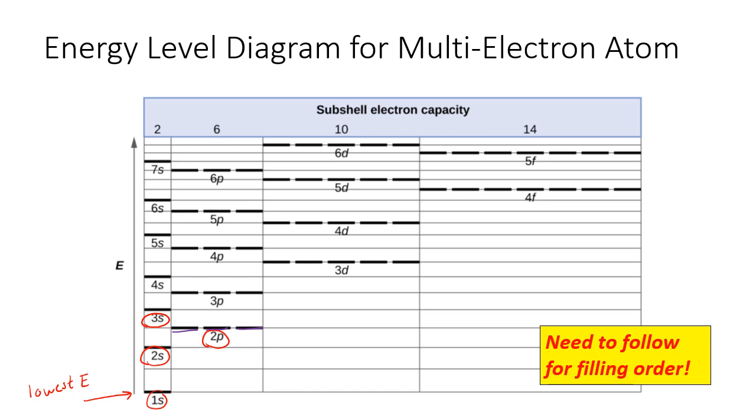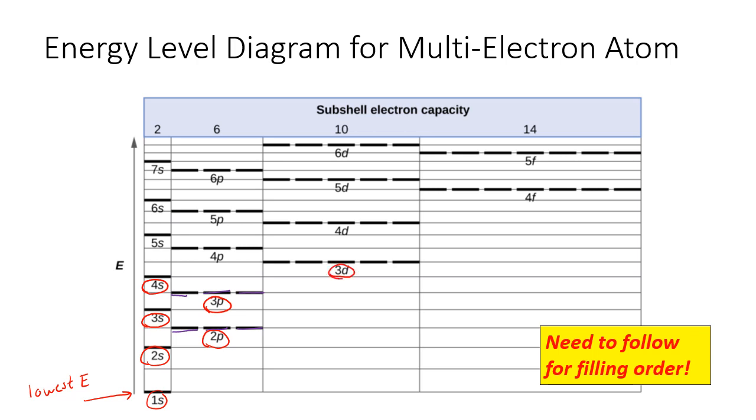After 3s, we would move to the next lowest in energy, which is 3p. Just like we saw with the 2p, there's 3 equal energy 3p orbitals inside of that subshell. And then, interestingly enough, after the 3p subshell is filled, we actually fill the 4s. The 4s is a little bit lower in energy than the 3d.